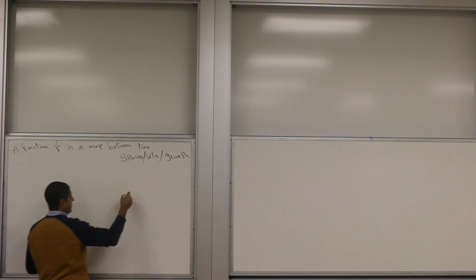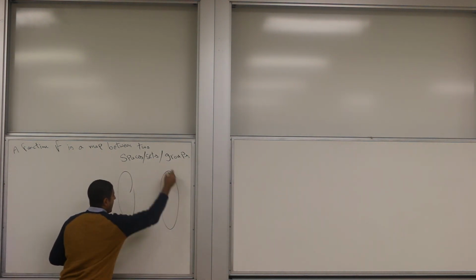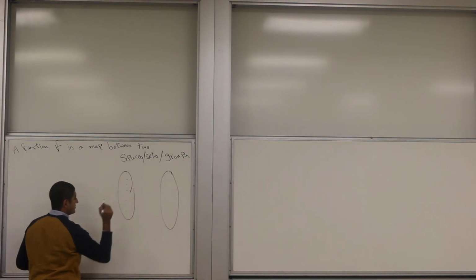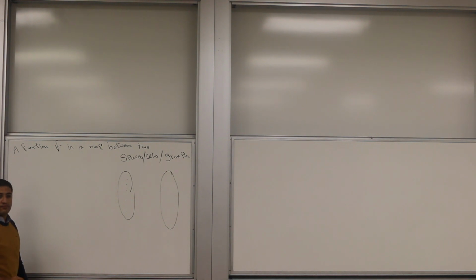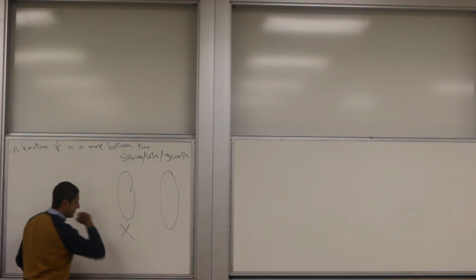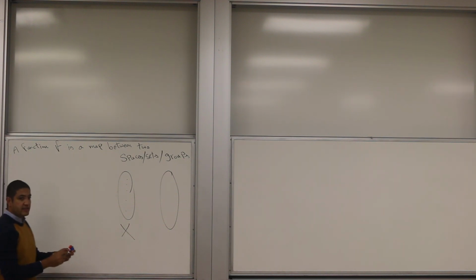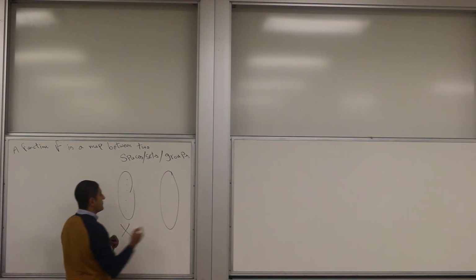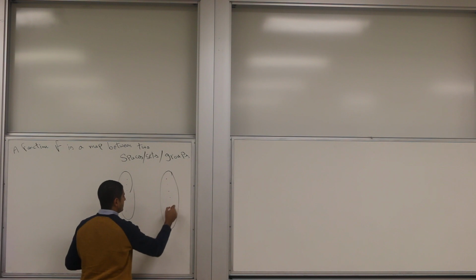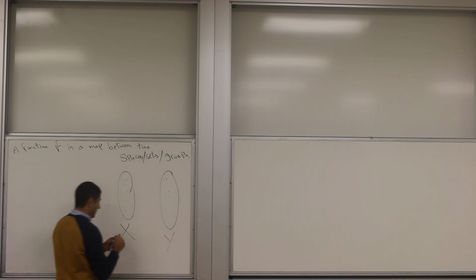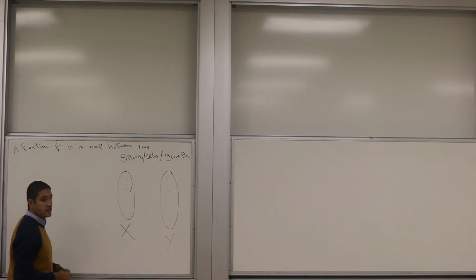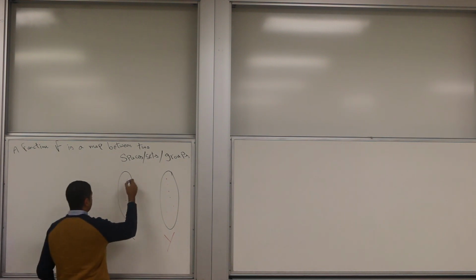So it maps some set with some points x. This is a set x. It takes an element from the set x and gives you an element in the set y. This is a function, f.